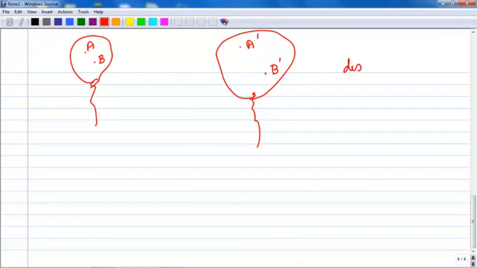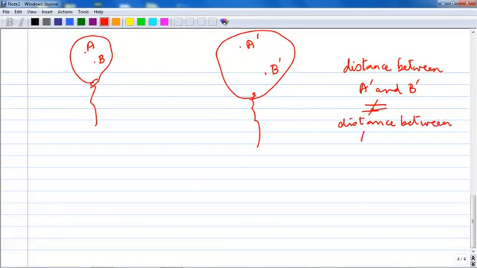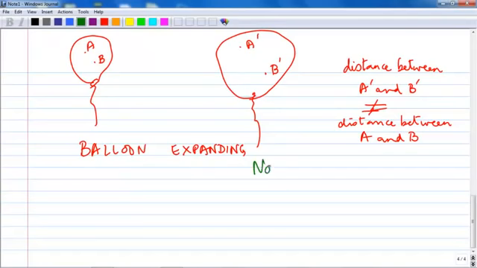So the distance between A prime and B prime is unequal to the distance between A and B. And in this example of the balloon, this is not a rigid body motion.